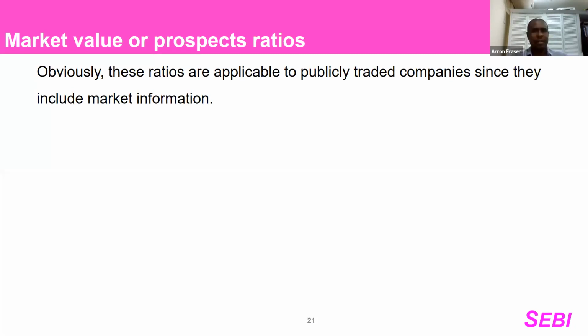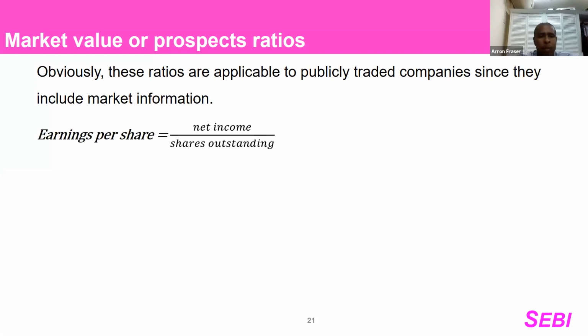That's a question to the class. So we said the market value or prospect ratios are for publicly traded companies. But let's say you're a private company and you want to work out similar ratios. What might be one of the approaches?